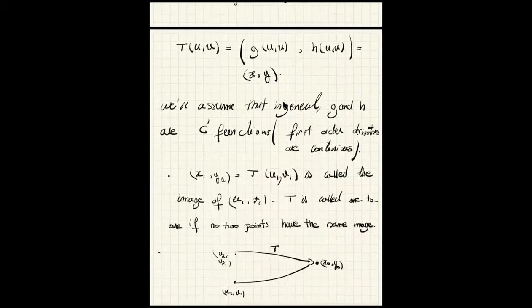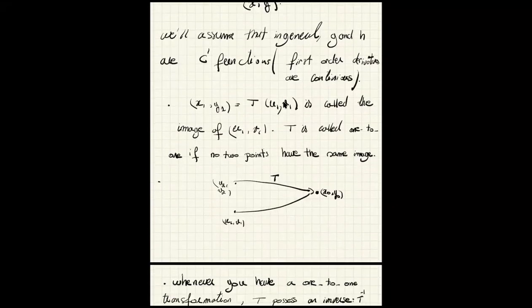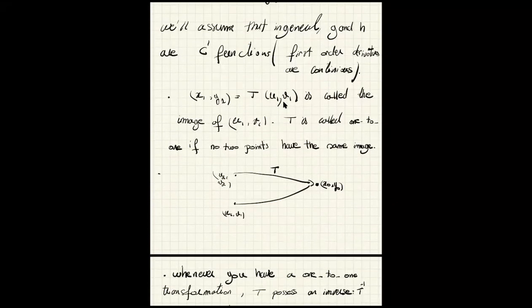Then we define that the image of a point is T of UV. And you have to remember that all these transformations will actually be one-to-one. That's something you have to check, meaning that no two points will be sent to the same point.